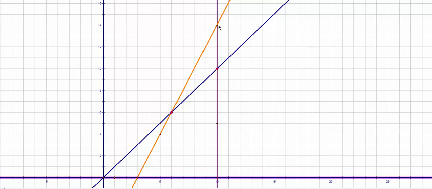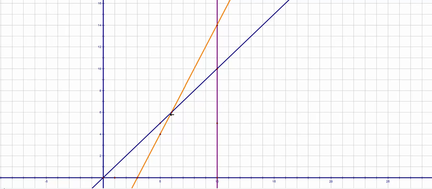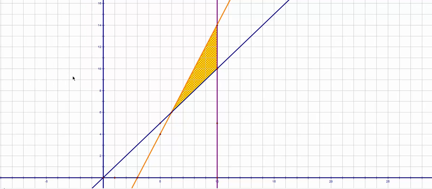You can just shade it or write it down, but since I have software here, I'll just go ahead and color this triangular interior. So here we go. That's the solution region, and you can read the coordinates of the corner points.